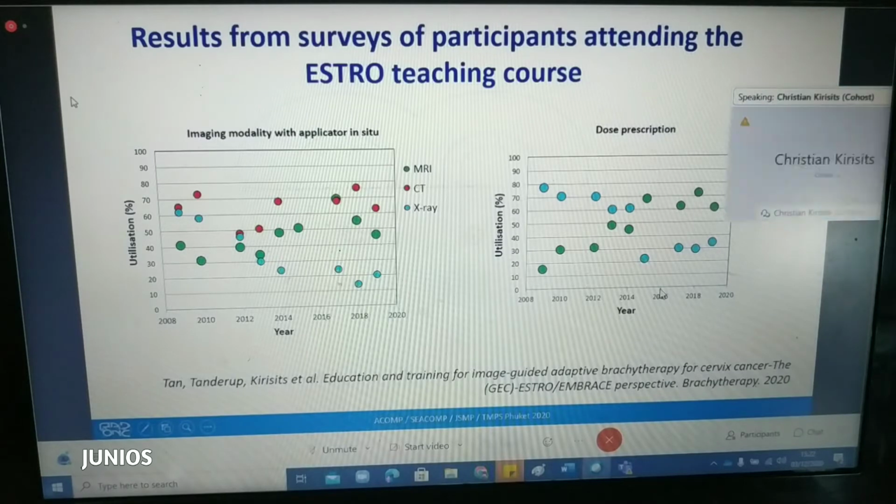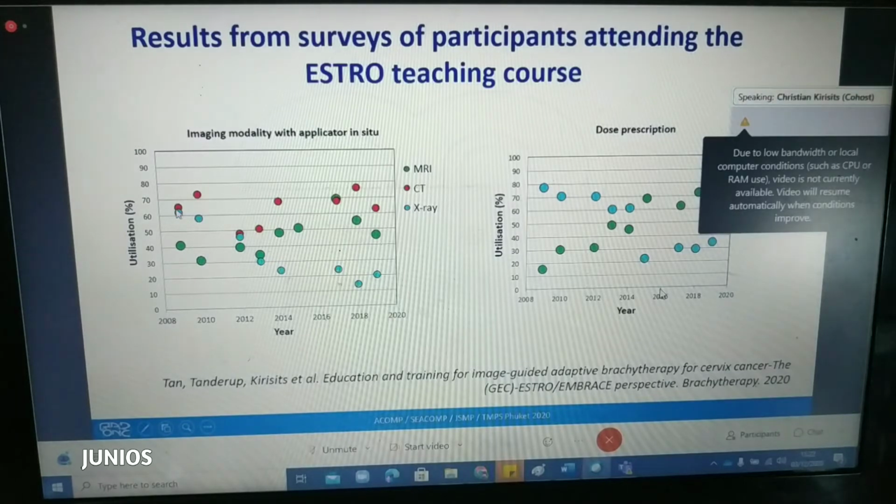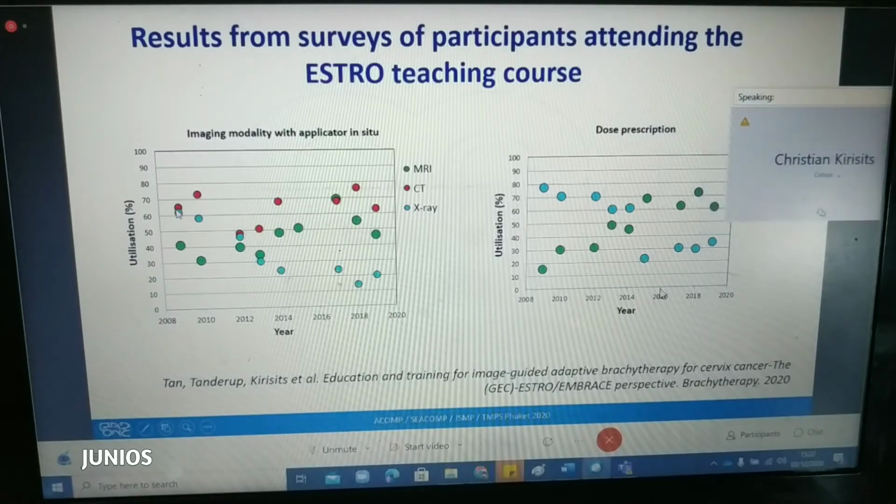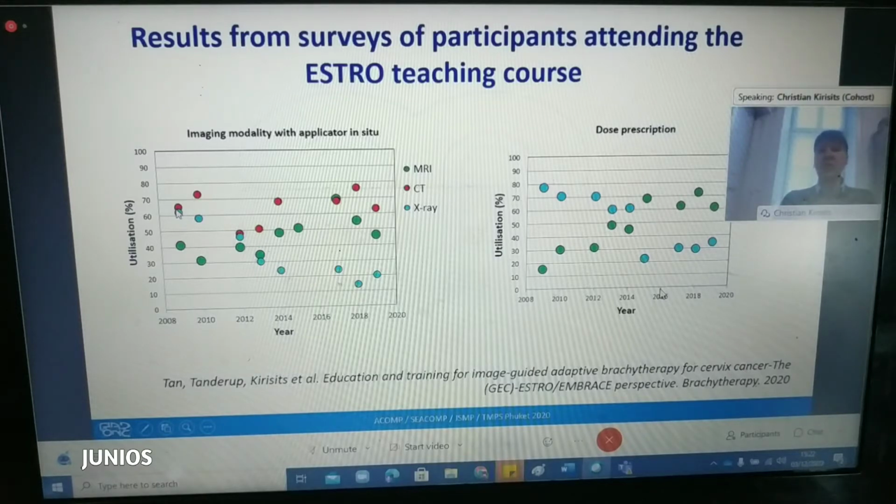And you see here that around 12 years ago, 70 to 80% were still using CT, but also 60 to 50% were using X-rays in brachytherapy only. And this changed, and you can see now that almost only 10% are nowadays using X-rays, and the majority is using CT and MRI, and this is from the ESTRO teaching course, so with participants from all over the world.